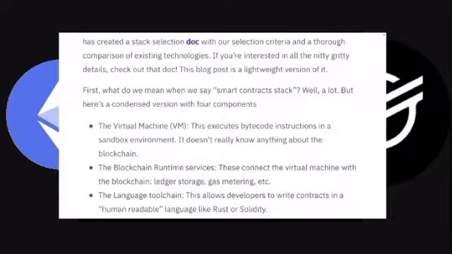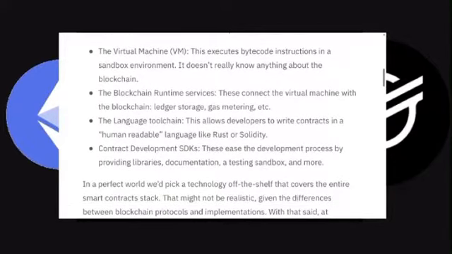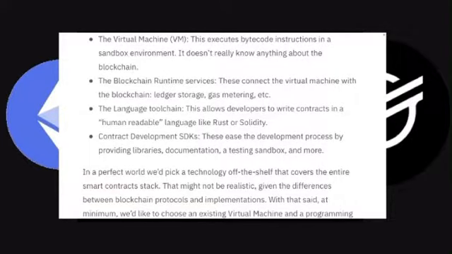First, what do we mean when we say smart contract stack? Well, a lot, but here's a condensed version with 4 components. The virtual machine, VM. This executes bytecode instructions in a sandbox environment. It doesn't really know anything about the blockchain. The blockchain runtime services. These connect the virtual machine with the blockchain, ledger, storage, gas metering, etc. The language toolchain.